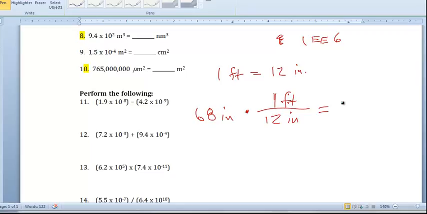If we, I should have just done this out. 68 divided by 12 is 5.67, and that's feet. Okay, so what we're saying is that 68 inches equals 5.67 feet.